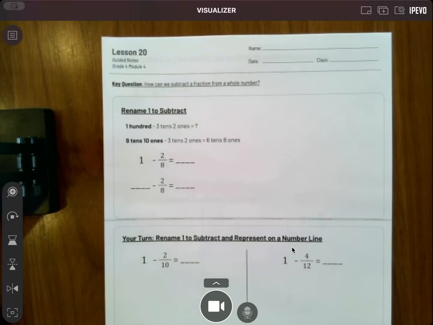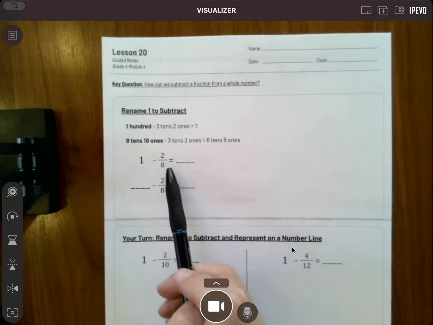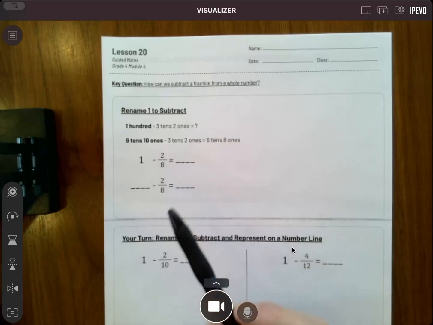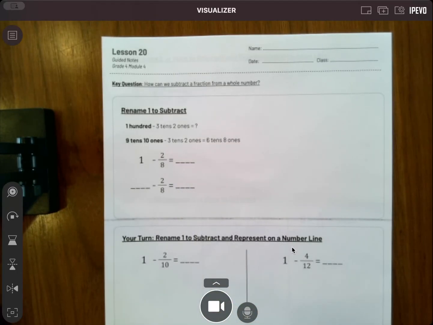Well, the first thing is we need our units to be consistent. So let's look at this example. If we have 1 minus 2/8, the problem here is that our unit is not the same. Now, it would be difficult to change 2/8 to a whole number because it's less than a whole number, but it's not difficult to change 1 to the same unit as our fraction.